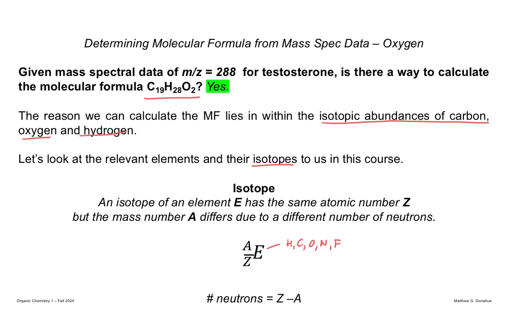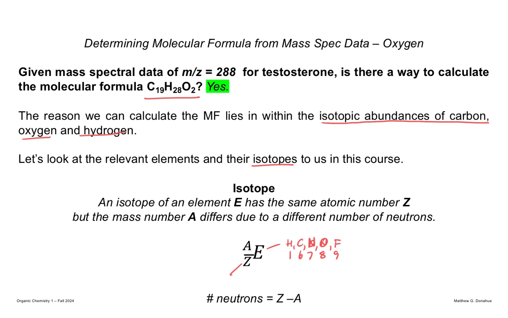has the same atomic number Z. So that's this number here. Again, atomic number: hydrogen's 1, carbon 6, nitrogen 7, oxygen 8, fluorine 9. So that's the Z number.